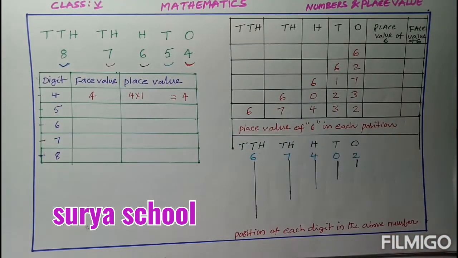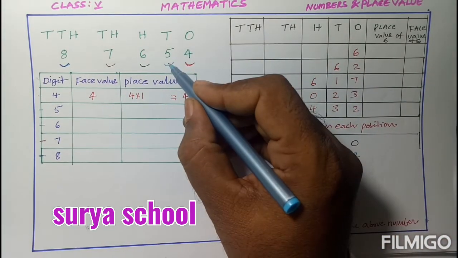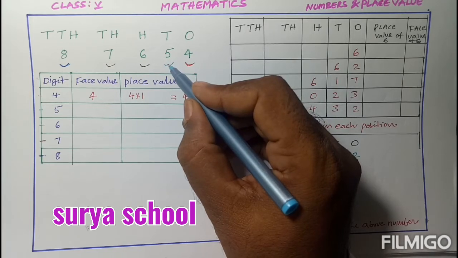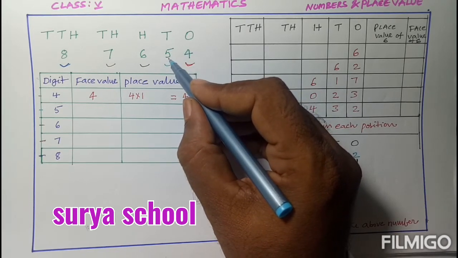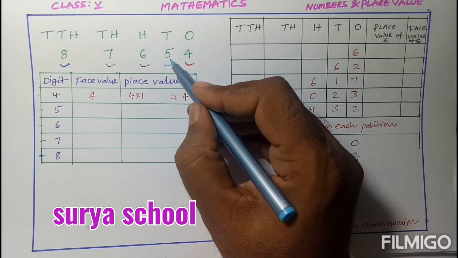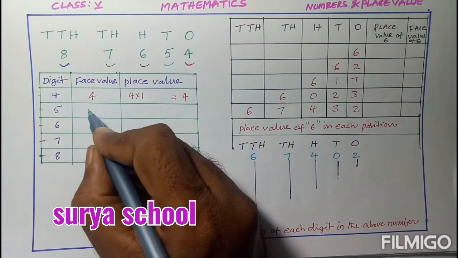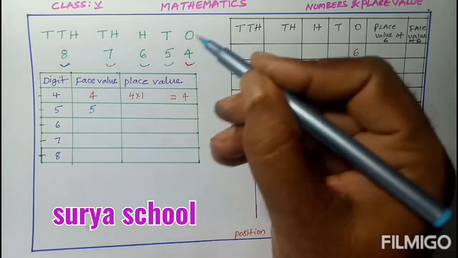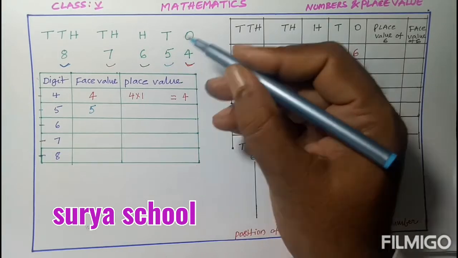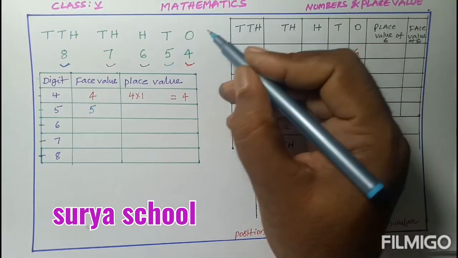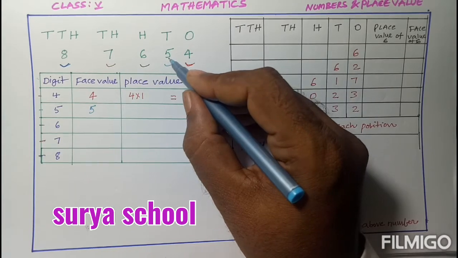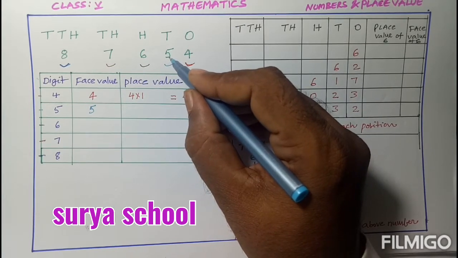Now I am going to take the next digit, that is 5. 5 is in which place? Tens place. The face value of this 5 is 5 only. Face value is the value itself.